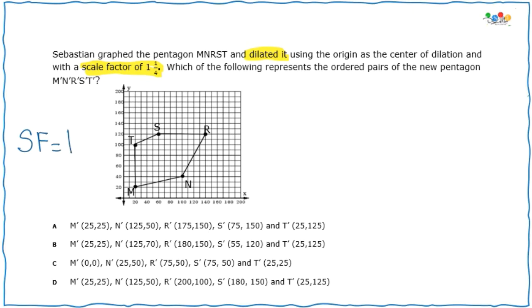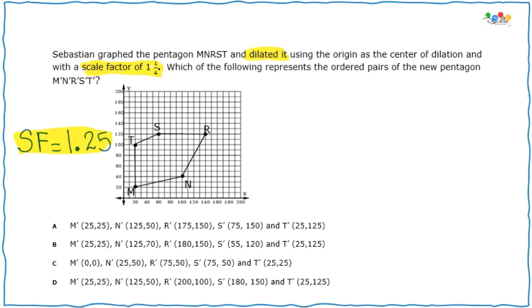I'm going to change it to a decimal. So that would be 1.25. This is very important for us. We're going to use it through the whole problem. Okay, so let's continue. What kind of shape is given to you? Is it the new one? Is it the pre-image? How do I distinguish between those two?